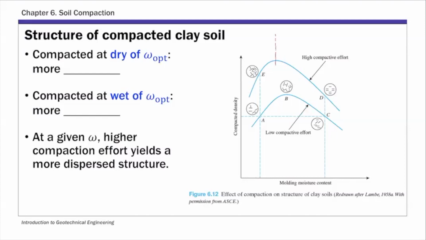Okay, so this is optimum moisture content. And dry of WOPT simply means you're compacting soil at water content smaller than WOPT. So this is the dry side. And this is the wet side.